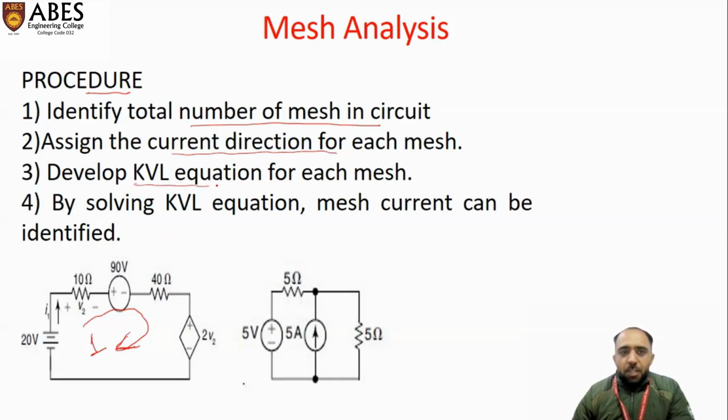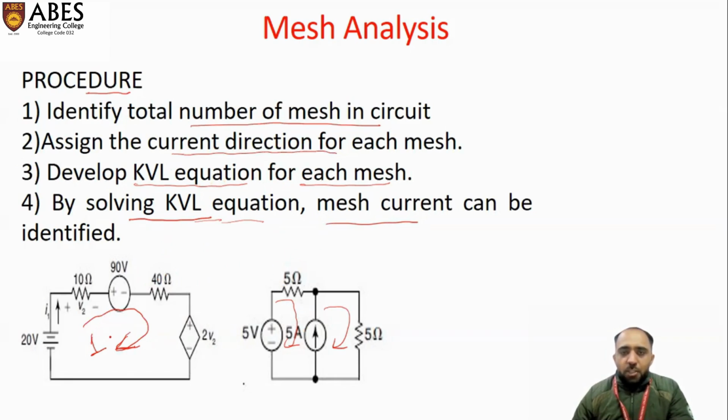Third point is develop the KVL equation, Kirchhoff voltage law, for each mesh. Suppose in this circuit, there will be two mesh. So we need to write the KVL equation for each mesh. And the fourth point is by solving the KVL equations, we find the mesh currents.